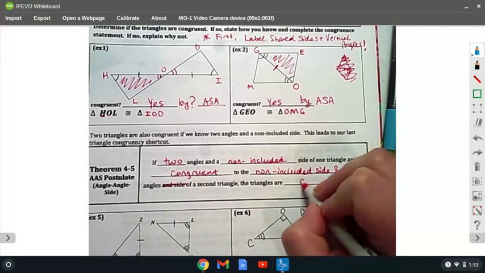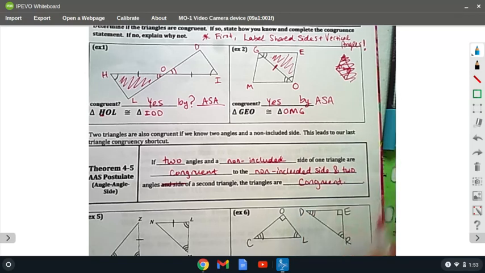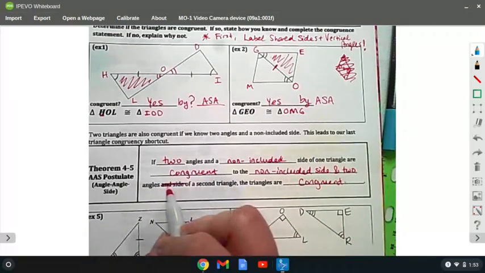The triangles are congruent. Some kind of strange typo there, but we fixed it, no worries.